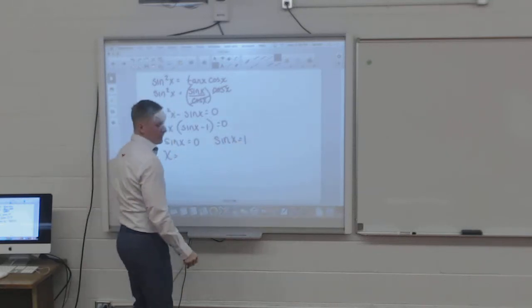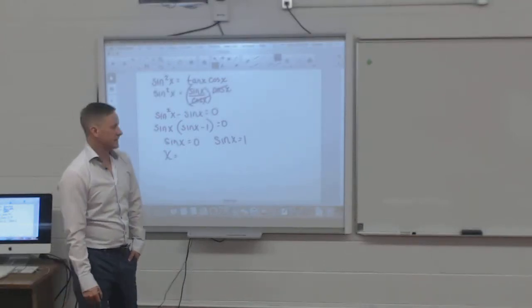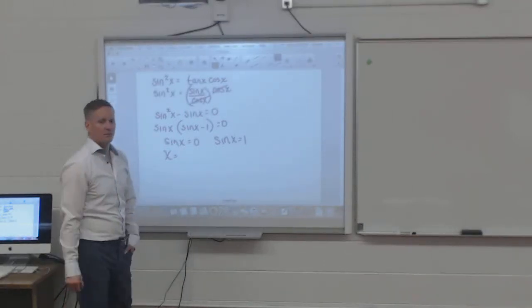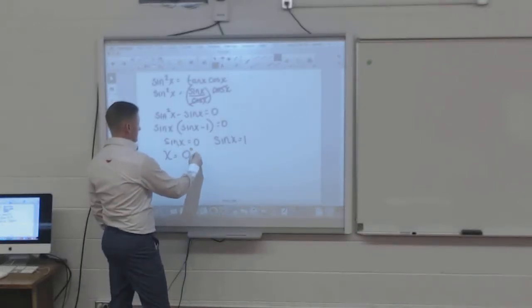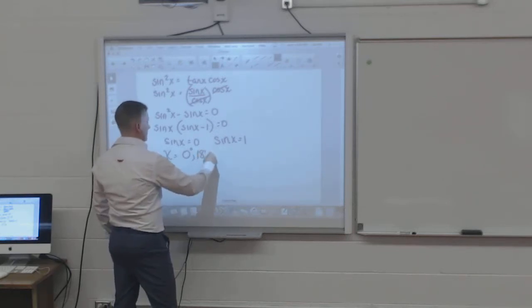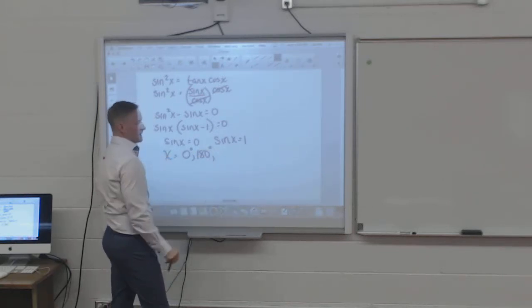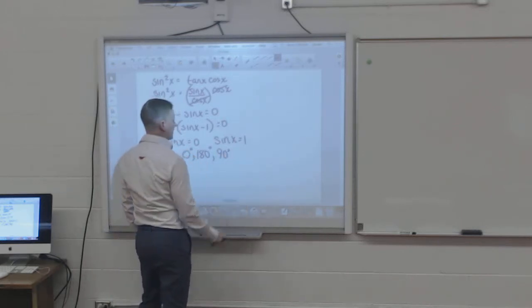X is equal to, what's my domain for this question? 360. So where does sine x equal 0? 0 and 180. Where's sine x equal 1? 90 degrees. But I have an issue here.